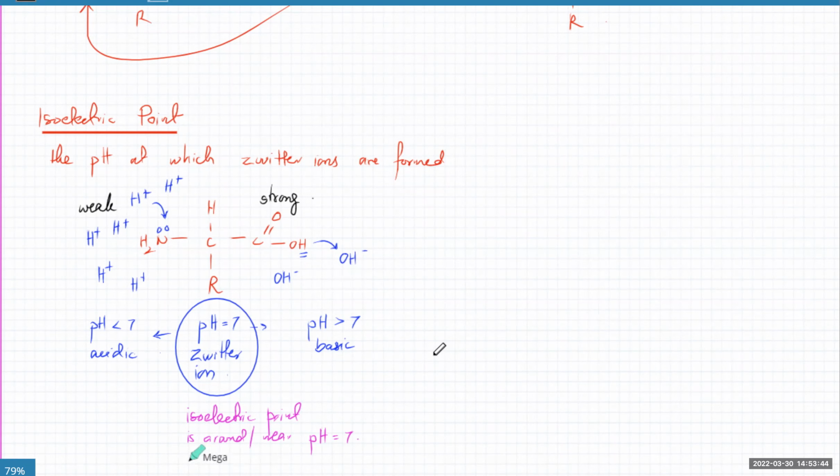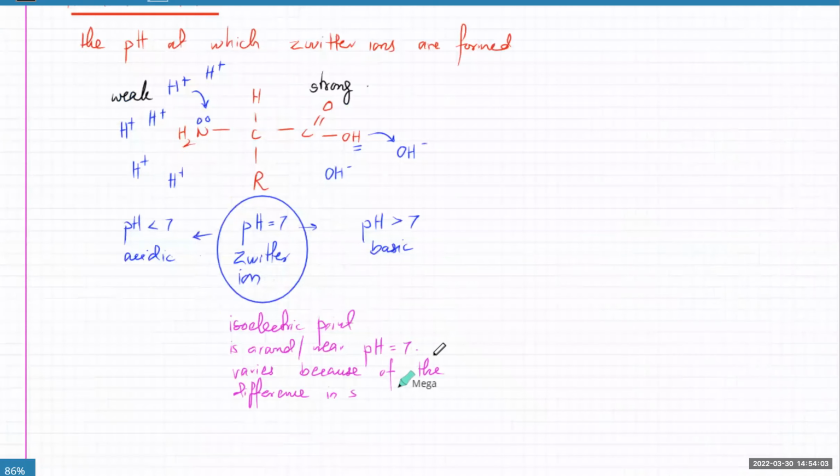And it varies because of the difference in strength of acid and base group.